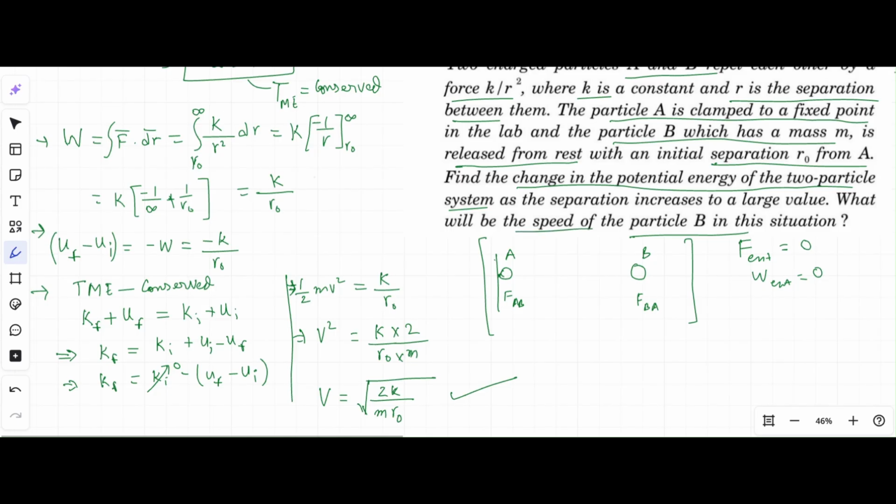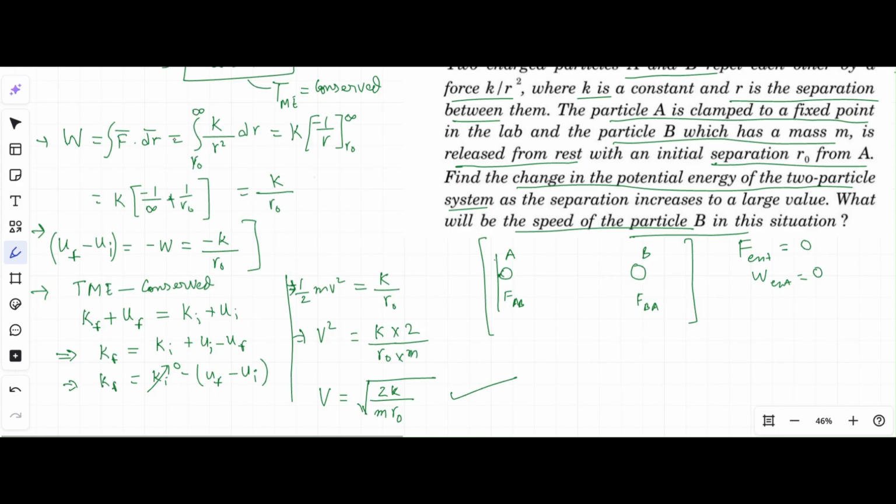What will be the speed of the particle B? The speed of the particle B will be V is equal to under root 2K by m r0, and the change in potential energy will be equal to minus K by r0. So we need to understand how we have to approach these types of questions where multiple concepts are being used. This is one of the very good questions where we used almost all the concepts we studied.